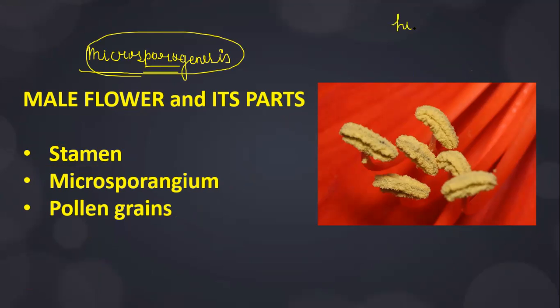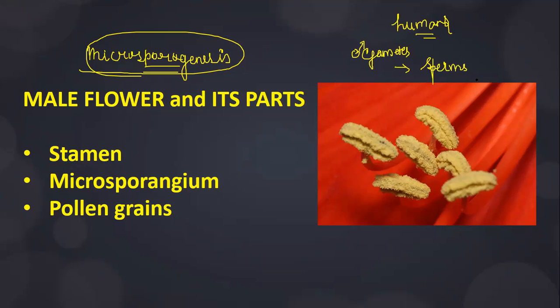Guys, in case of humans, what is the male gamete? Tell me, what is the male gamete? 3 seconds to answer this question. Male gametes in case of human beings. Absolutely, sperms.